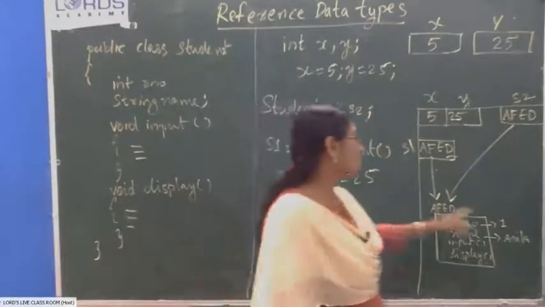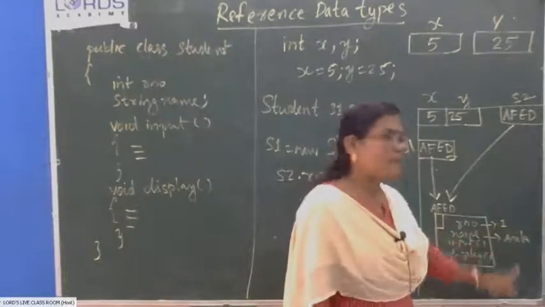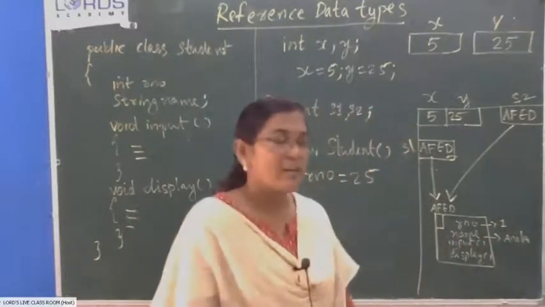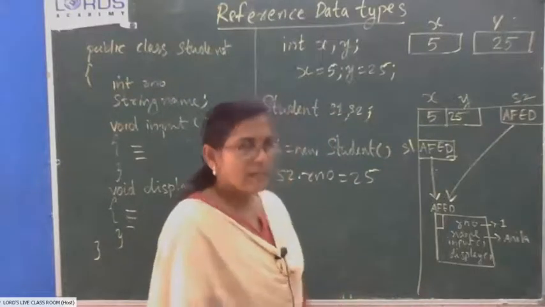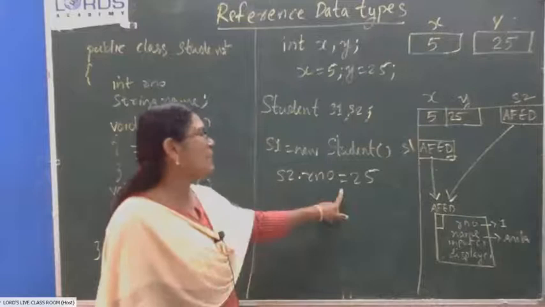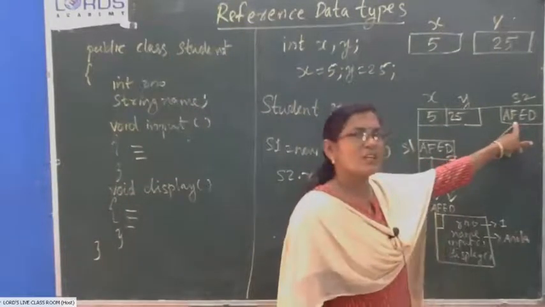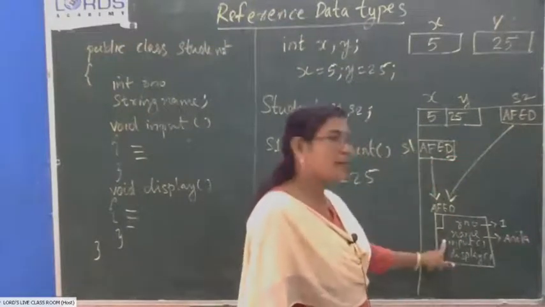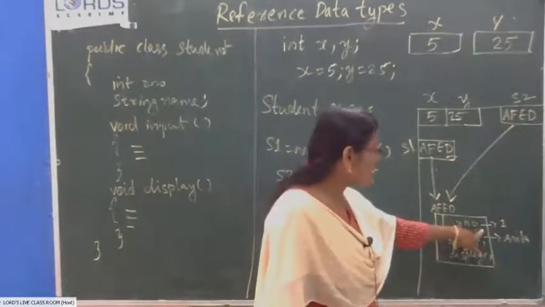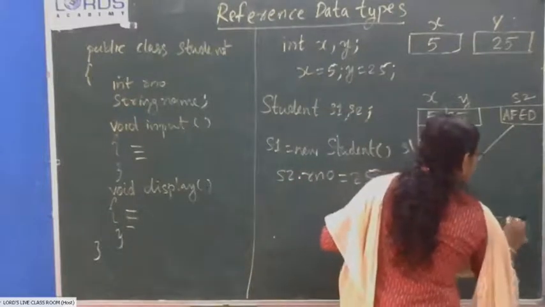Initially, I told it to set the roll number as 1 and name as Anila in that object. Later on, I said S2 dot R number equal to 25. Now, S2 is pointing to which object? S2 is pointing to the same object which is pointed by S1. So, in the same storage location, instead of 1, 25 will be stored.